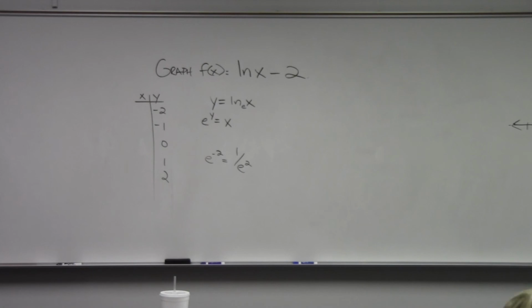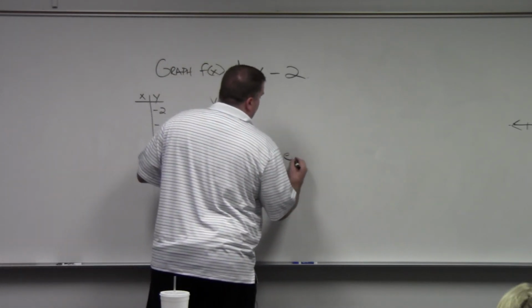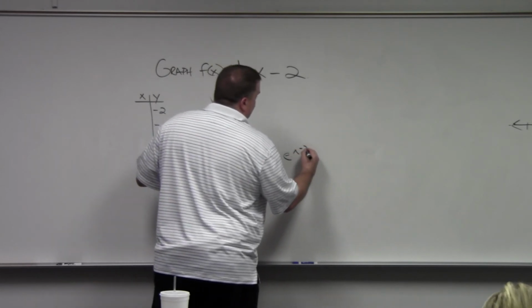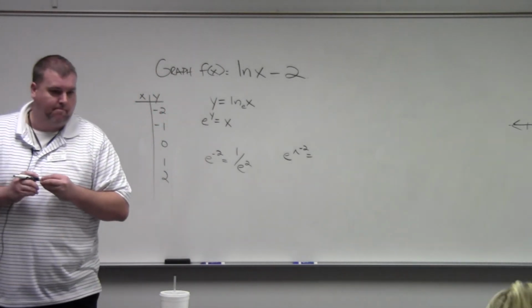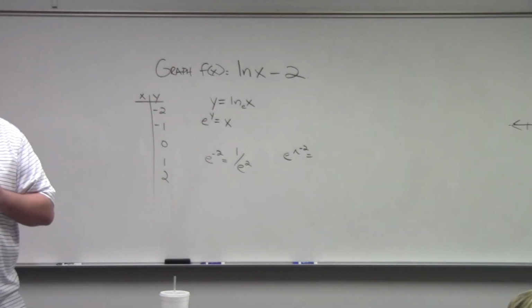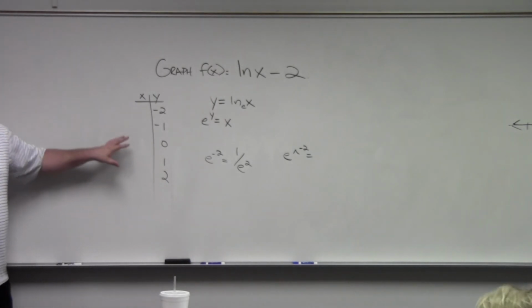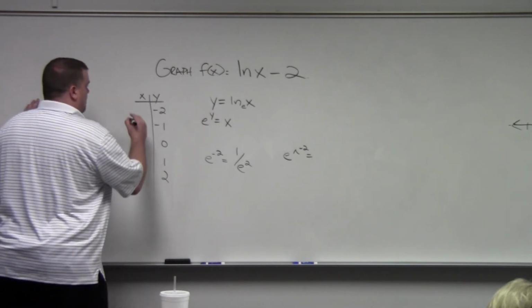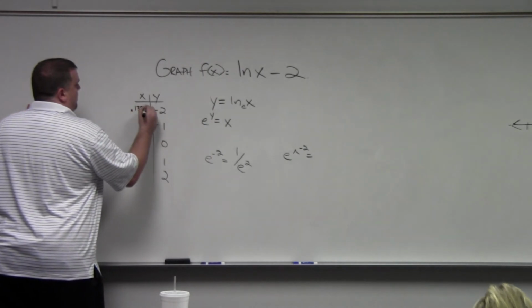So we need to use our calculator for that. In your calculator, you're going to put e and then raise to the -2 power. Anybody have that? No, it won't be a fraction. It should be a decimal. 0.135. Okay.